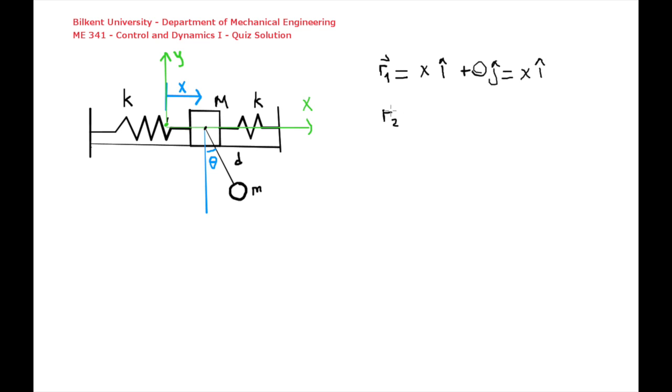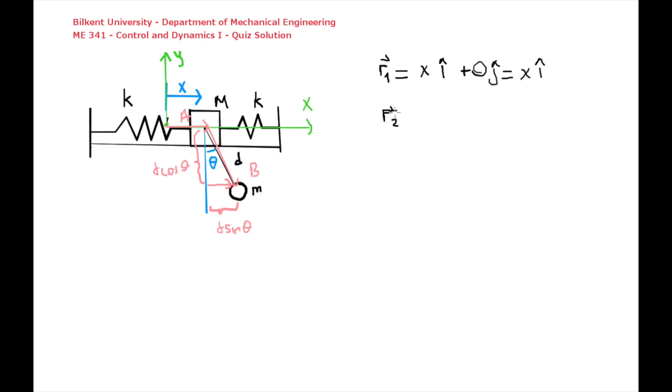And for the second object, I can express this as the first vector a, and from here to here as the second vector b. And for b, I have here d sine theta, and here I have d cosine theta.